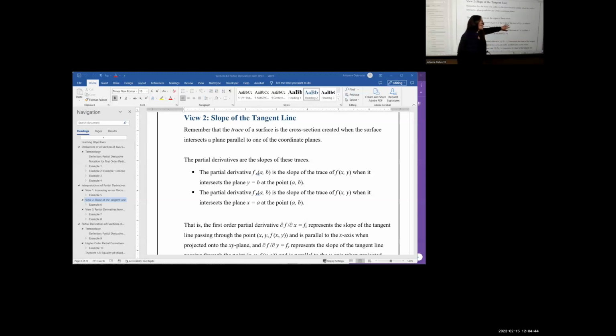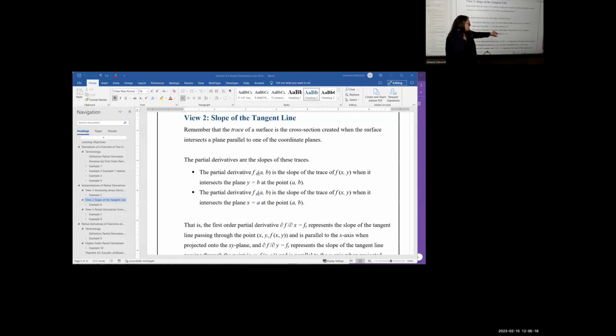So we've got this vertical trace here, and it turns out that the partial derivative with respect to x is the slope of that trace at any point. So we just need to find a point on the trace where the y is being held constant, but the x is being allowed to vary. And this will give us the slope of that particular tangent line. And the same is true for the partial derivative with respect to y, except this time we're holding x constant.